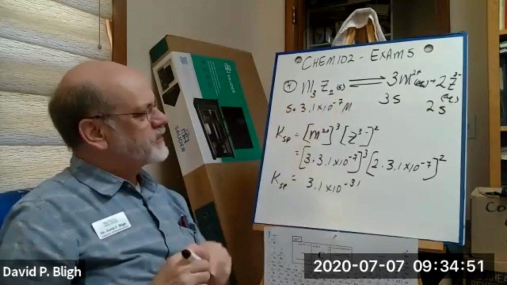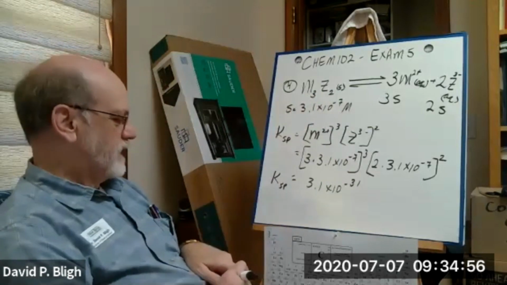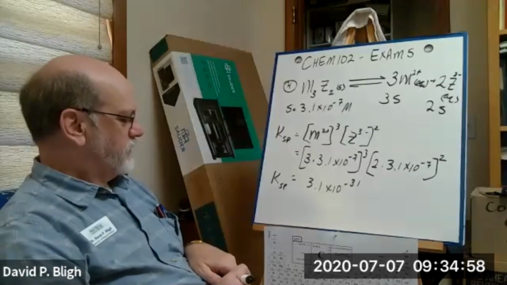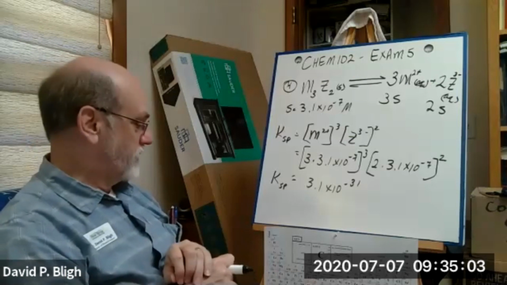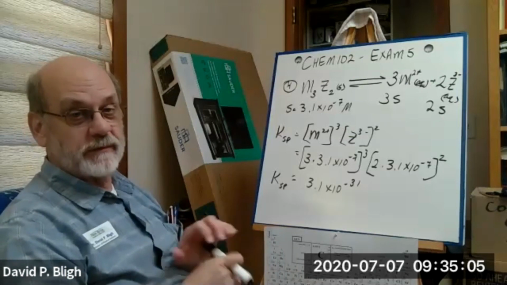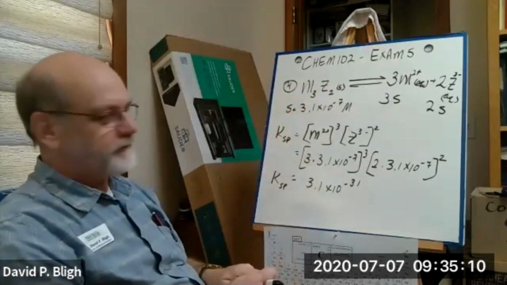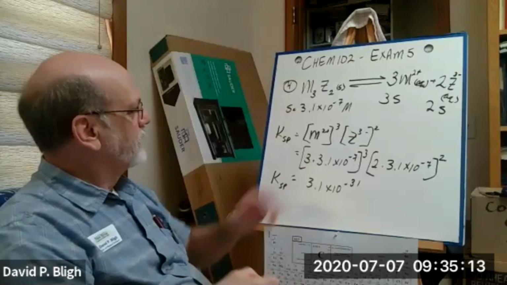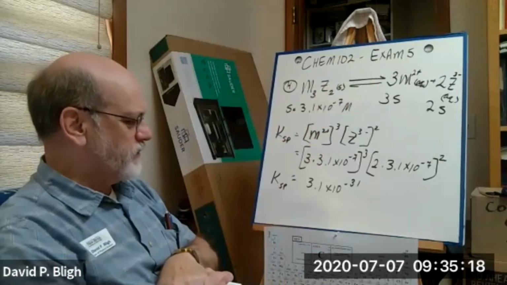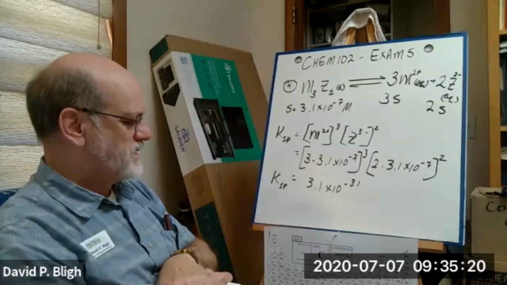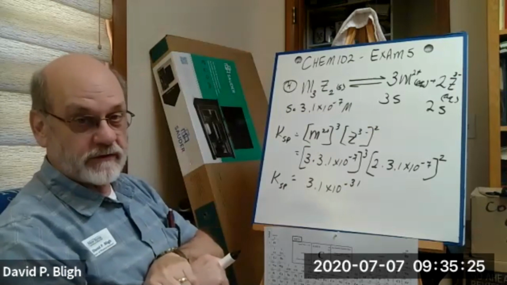What could these 2 possibly be if they were just elements? Let's see, 2 pluses. Well, those could be one of the alkaline earths, or it could be one of the transition metals in that particular oxidation state. This one could be 3 minus. Okay, 3 minus, what would that be? That could be something in the pnictogens, in the nitrogen family, right?